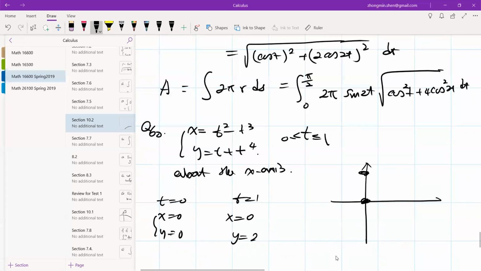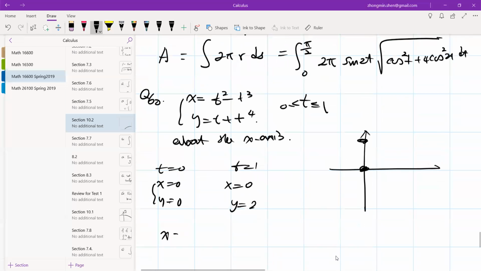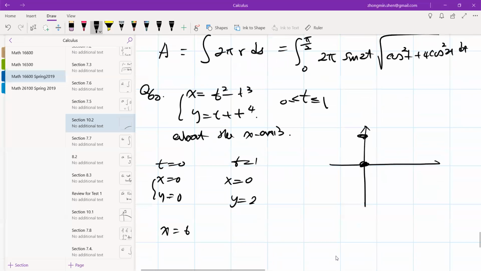But x is not necessarily always increasing. x could be decreasing, but is it positive? Let's look at x. I want to see if it's on the right side or left-hand side. I take t squared out. It's 1 minus t. I think it's positive, right? So that means x is always on this side. So this should be the curve.